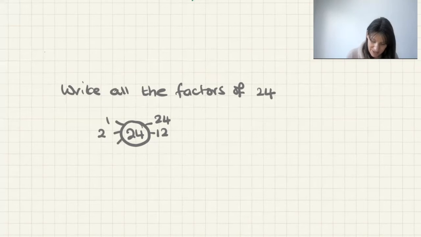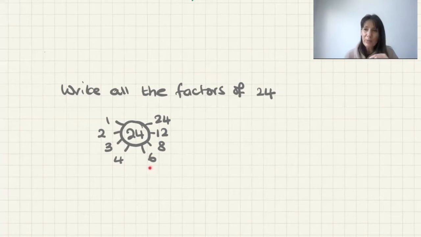Is 3 in 24? Yes, 3 times 8. Is 4? Yep. 4 times 6. Is 5? No. Is 6? Yes. And 6 is already written down. And when I get to that point where I'm almost repeating myself, I stop because it means I found them all.